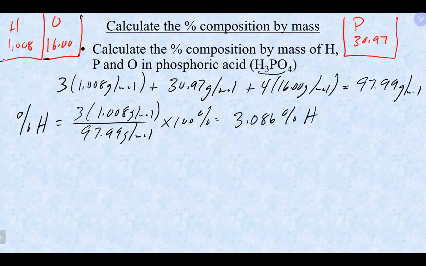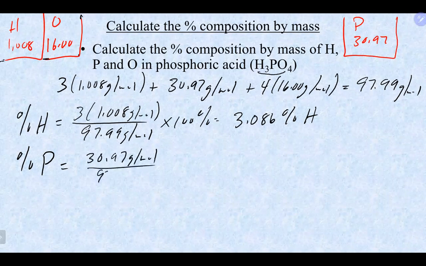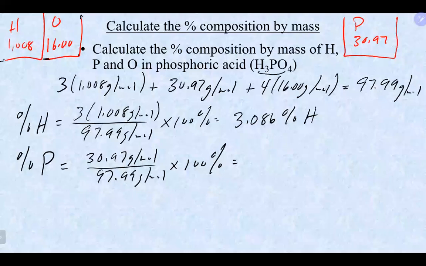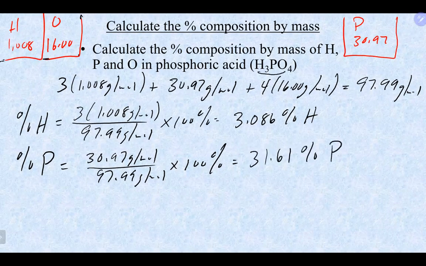We do the same thing here for our phosphorus. There's just one phosphorus, so that would be 30.97 up on top, divided by our 97.99 times 100%. We would take 30.97 divided by 97.99 times 100, going to give us about 31.61% phosphorus.